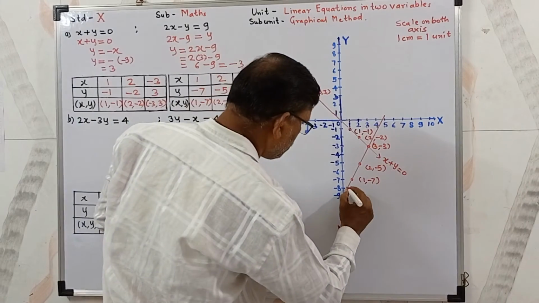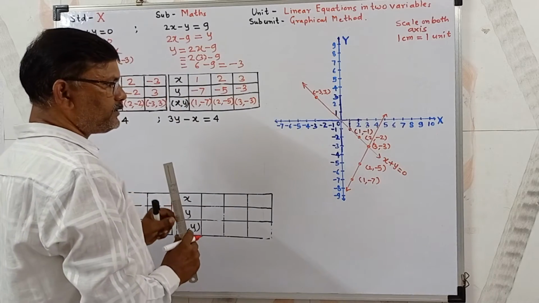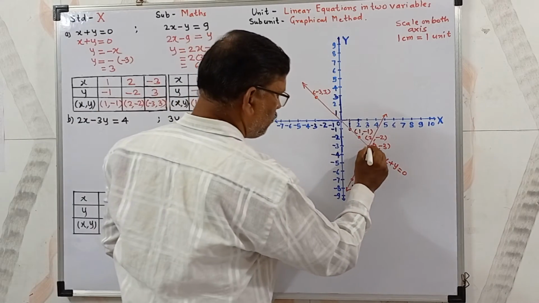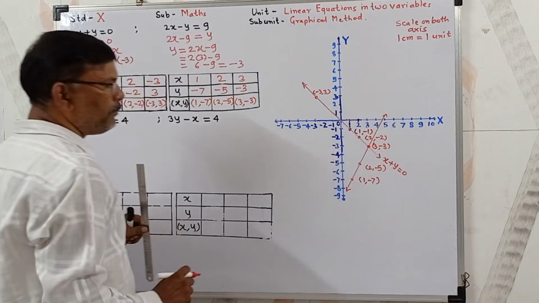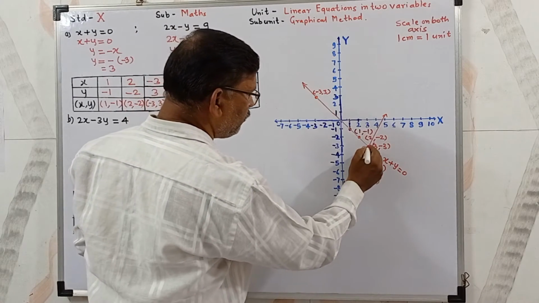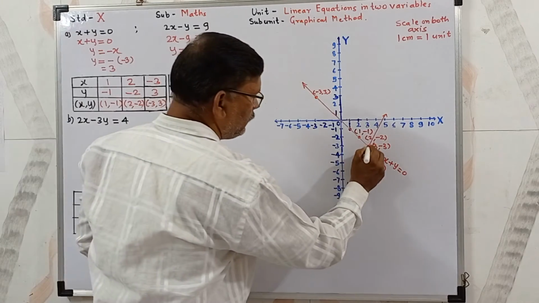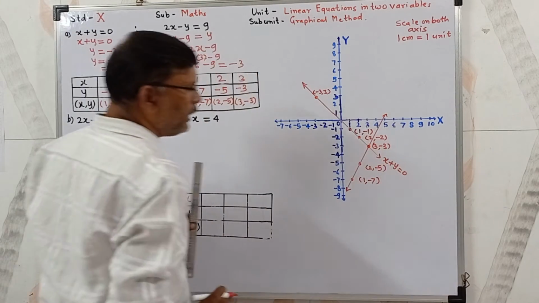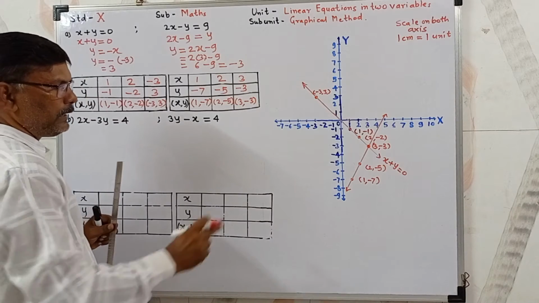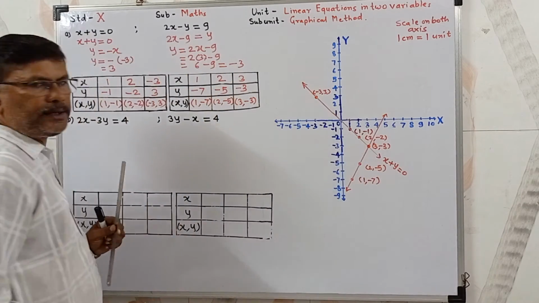So what is the number? Both the lines are here. That is the point 3, minus 3.